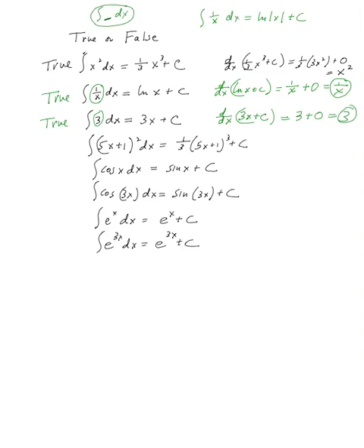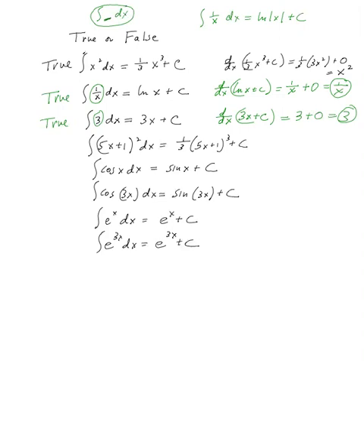You've got to have a plus c there, because there are infinitely many functions you can usually anti-differentiate to get this. They all differ by a constant. That symbol's called the indefinite integral symbol. And by the term indefinite integration, we mean anti-differentiation. Given the derivative, find the function.